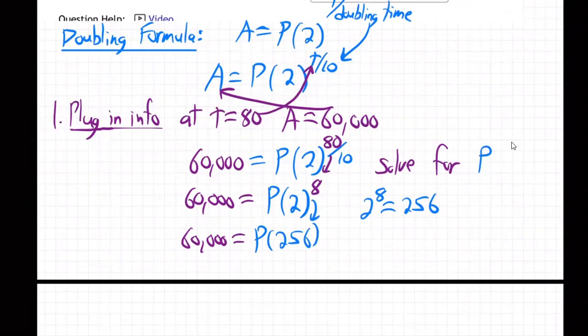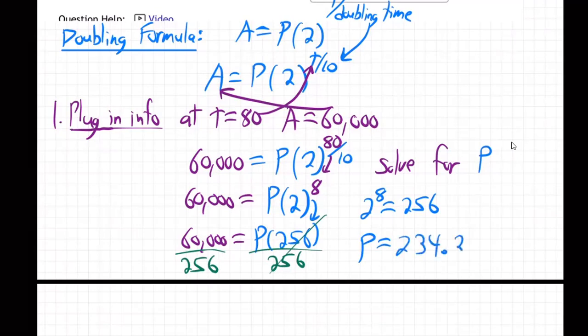And then finish solving. You know what to do. Divide by the 256. So we got P equals 60,000 divided by 256. I'm getting 234.375.